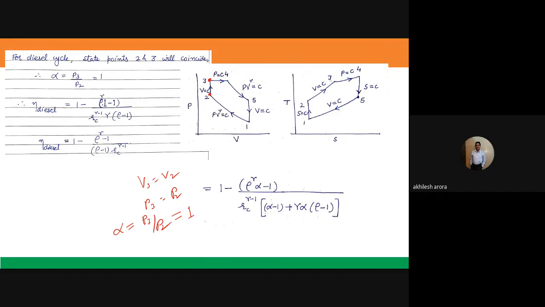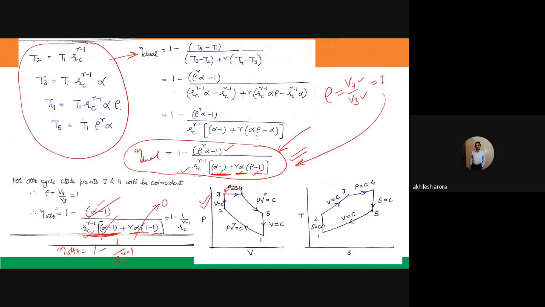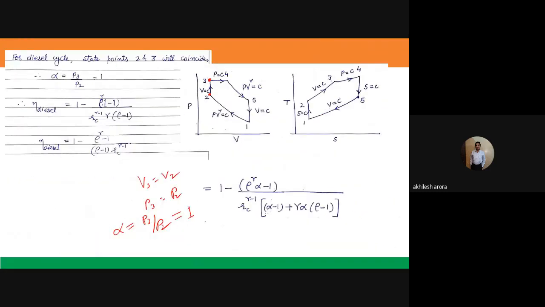Once again, I will have to copy the expression of the dual cycle because I don't remember it. You can try this yourself. You put the values, and the efficiency of the diesel cycle will have rho raised to power gamma into alpha minus 1, which becomes rho raised to power gamma minus 1.